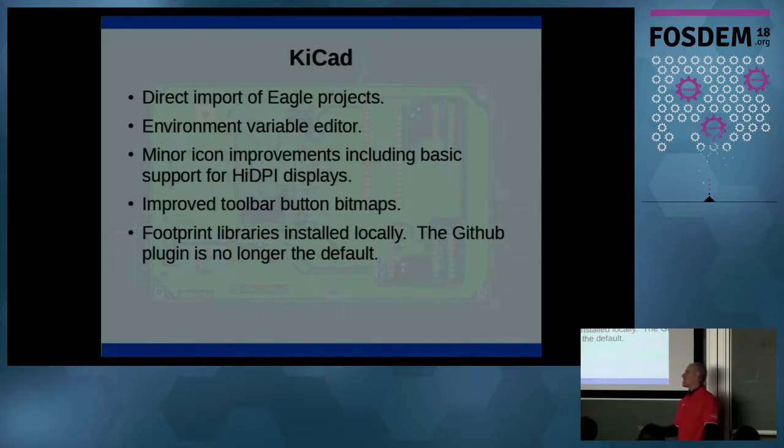We'll keep them as they are for historical purposes, but the new development is all being done in a single Git repo. It makes it easier for our library development folks. So that's a big front-facing change for KiCad.